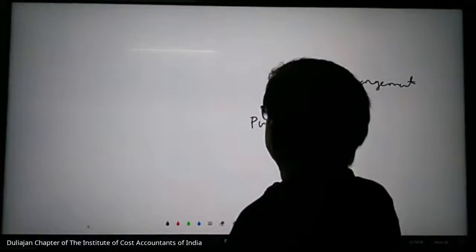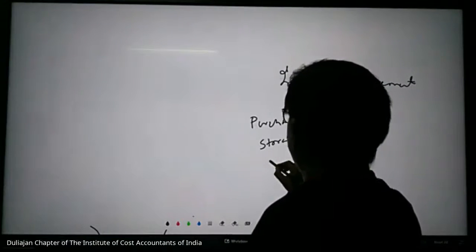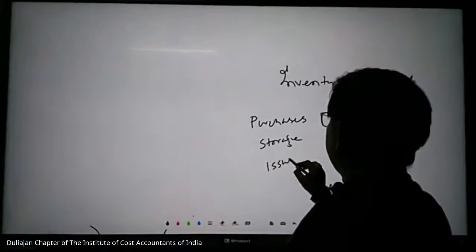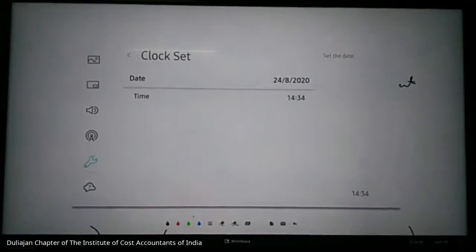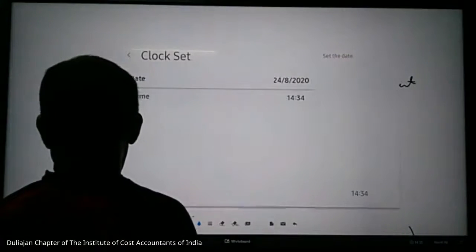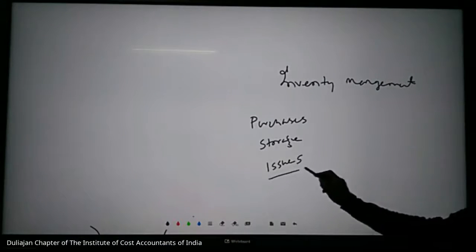We had discussed purchases, then storage, and today we will discuss issues, like when we receive the materials.